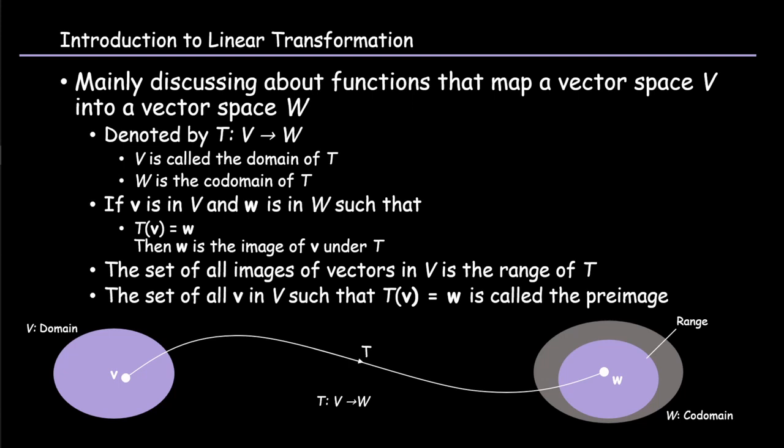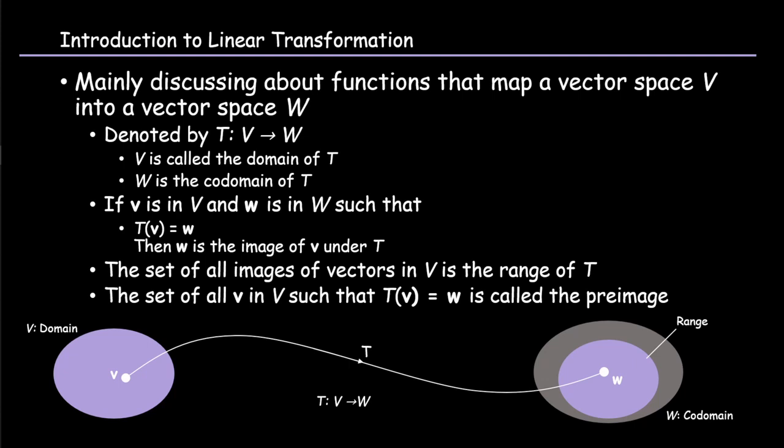And so what we're going to do is look at this instruction manual T, and it's going to give us a little path, a little journey, a couple of steps that you have to do to get to the vector space W, and it'll give you the vector w.